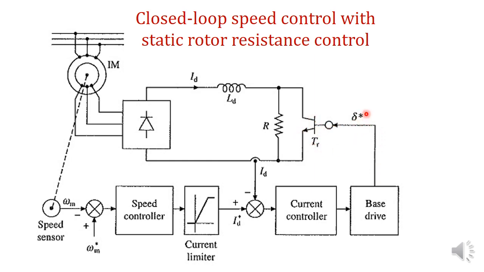The gating signal is delta star, and by controlling the gating signal or on and off time duration of the transistor, the effective resistance across these two terminals is controlled, thereby controlling the speed of the motor.